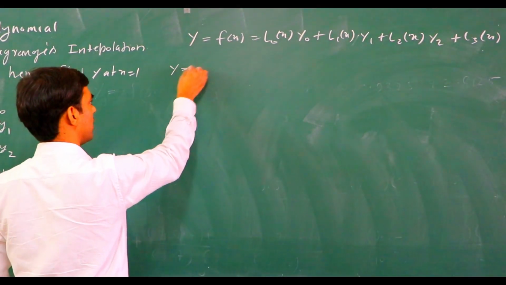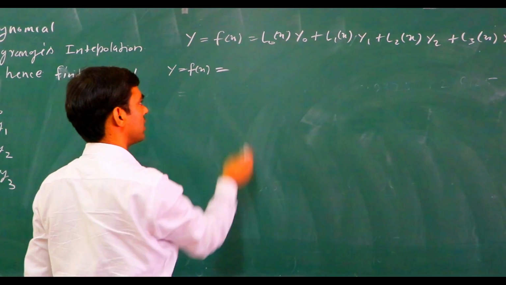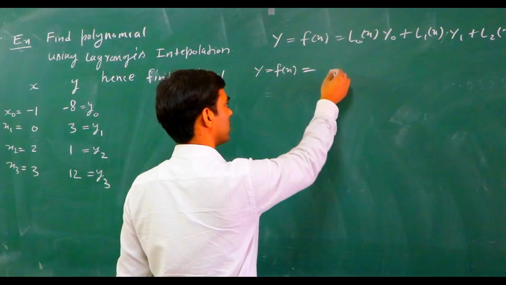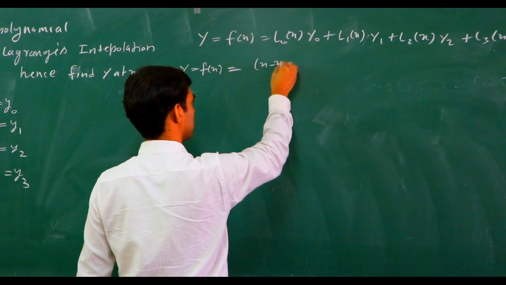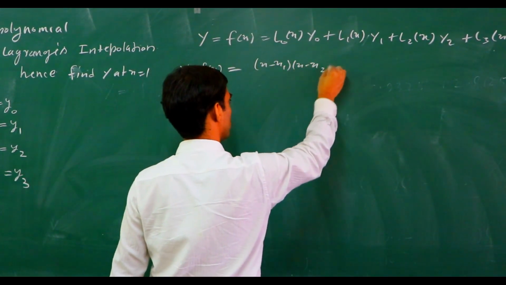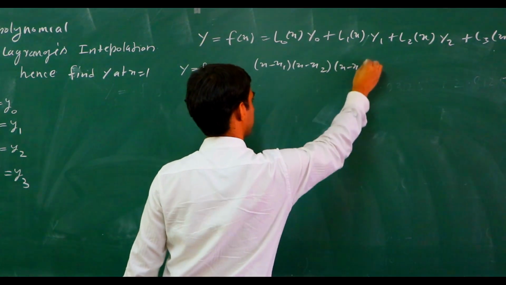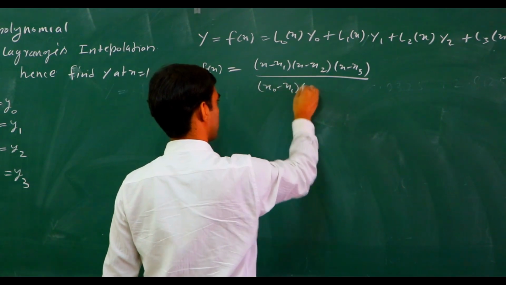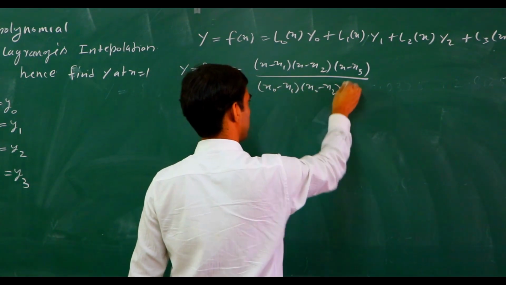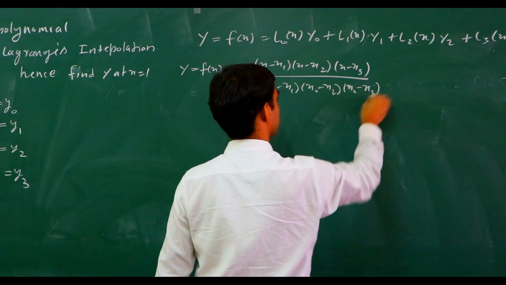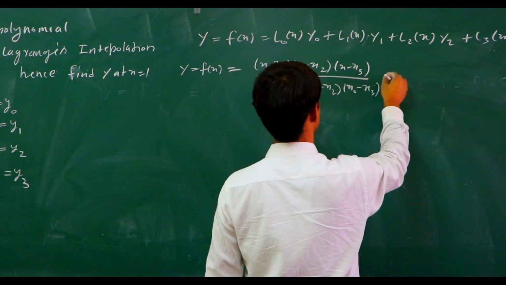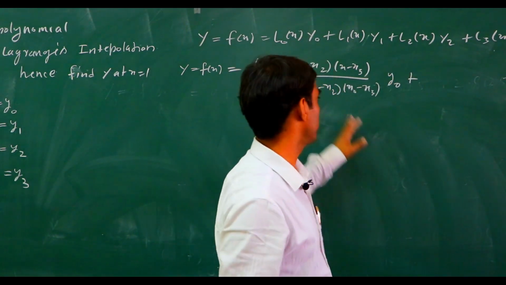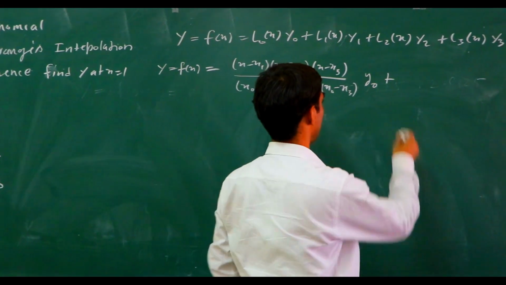In terms of x0, x1, x2, x3, L0(x) is (x minus x1)(x minus x2)(x minus x3) divided by (x0 minus x1)(x0 minus x2)(x0 minus x3), multiplied by y0. Plus, similarly we write for L1(x).